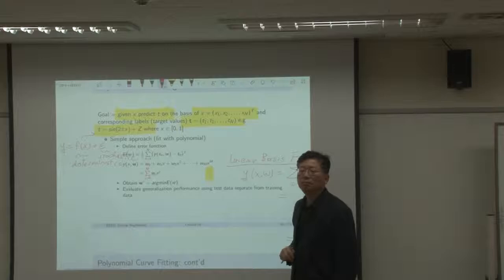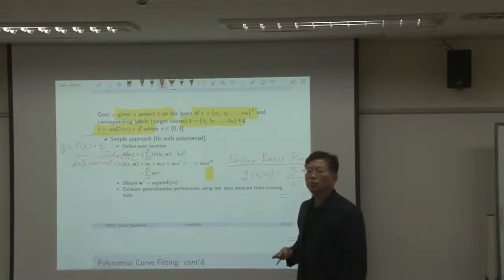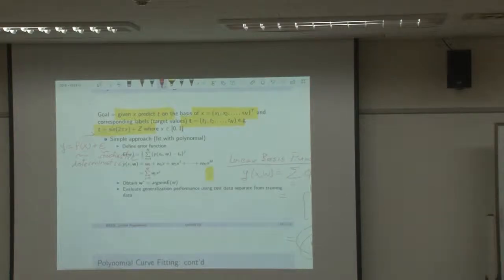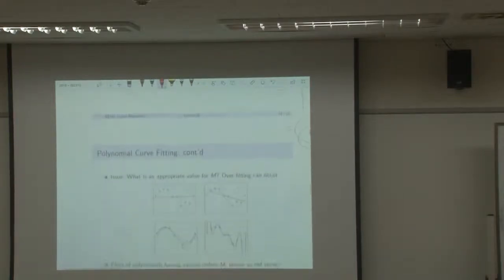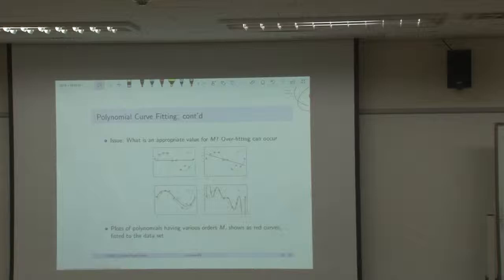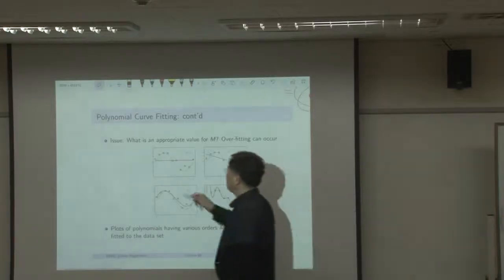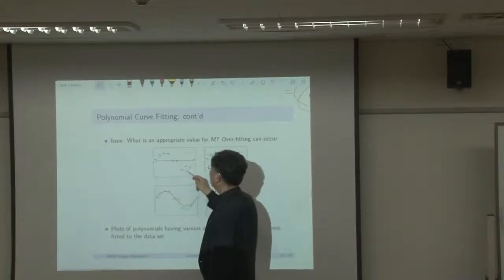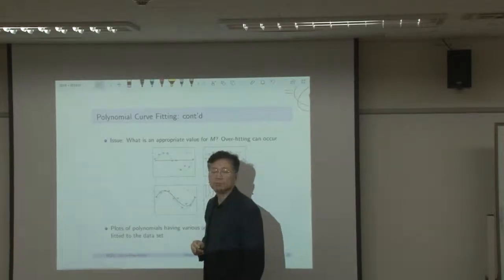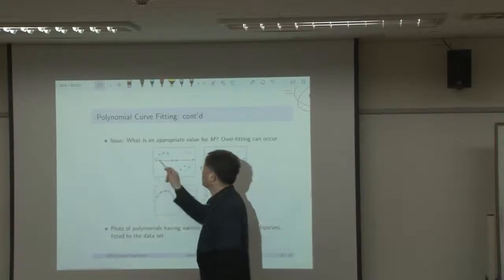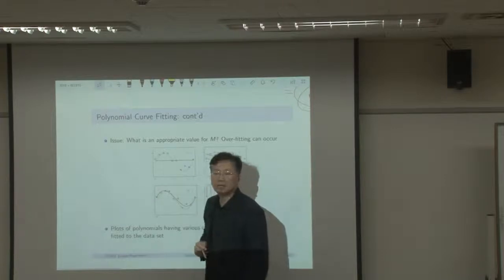So this is the situation, and people have worked out some examples. The green represents the sine function. The circles represent data.